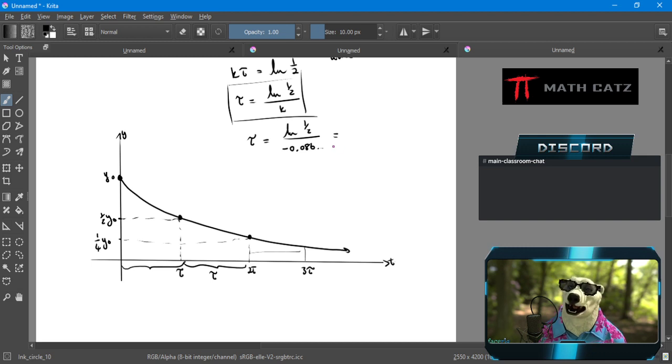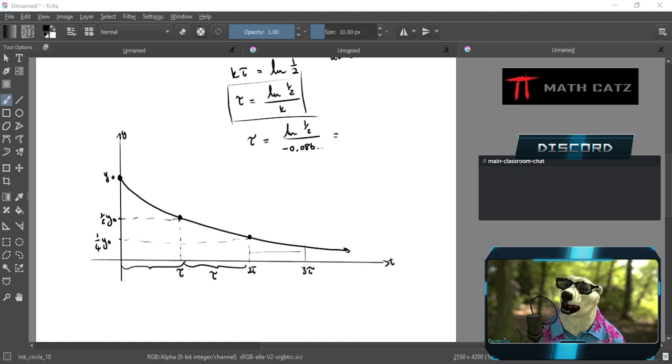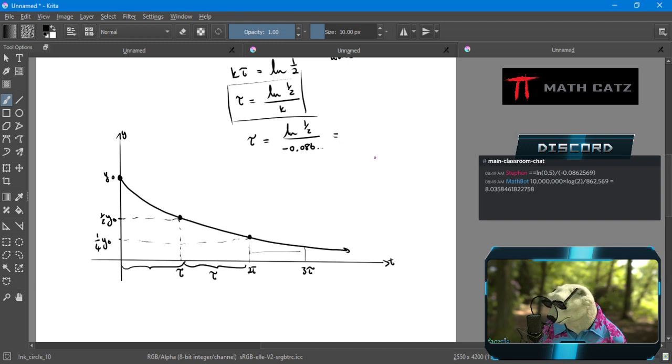I want to use enough of my k value so that when I round to a couple of decimals, I am still accurate. And we get, in this case, 8.04. So this will be days.